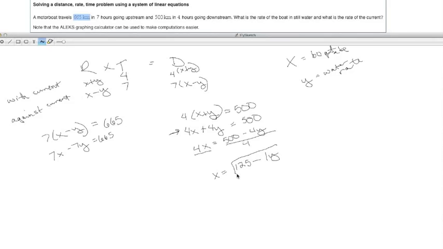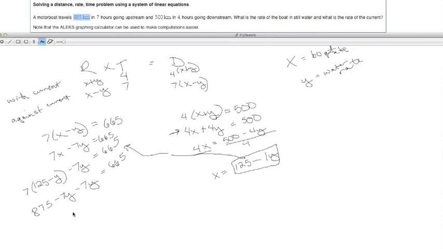So we're going to take 125 minus y, which equals x, and we're going to plug it in for x in this other equation over here. So 7 times 125 minus y, minus 7y equals 665. 7 times 125 is 875, minus 7y minus 7y equals 665.